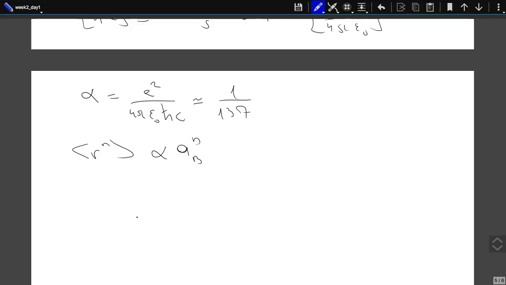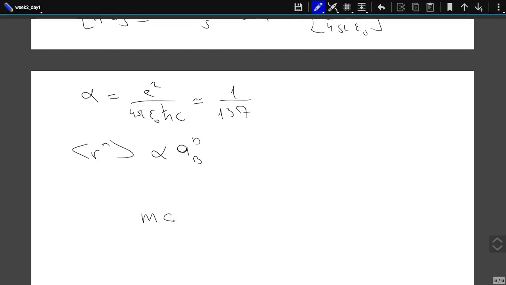Let's see. It's the radius of the electron, right? So it has to be somehow related with the mass of the electron. So if there is a mass of the electron, we can write down a characteristic momentum, just using constants of nature. To obtain something that has the dimension of momentum, what should I multiply it with? c.